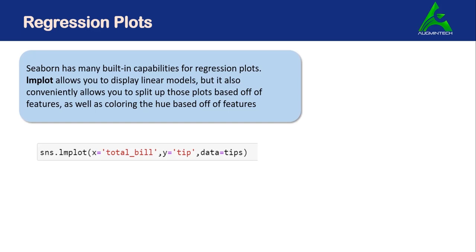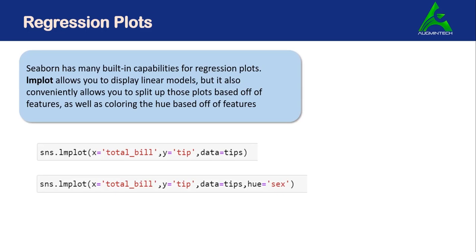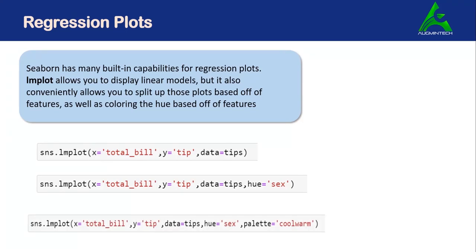So here we can do sns.lmplot, to which we can pass two variables and then the data set. Also, we can use the hue parameter based off a categorical variable, and we can also color using the color palette.